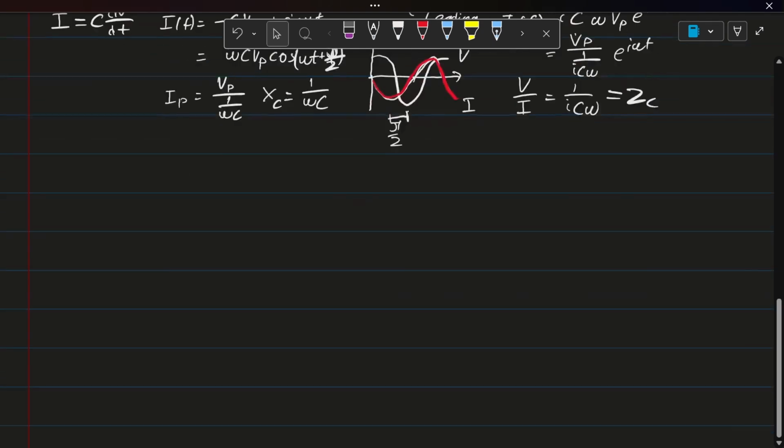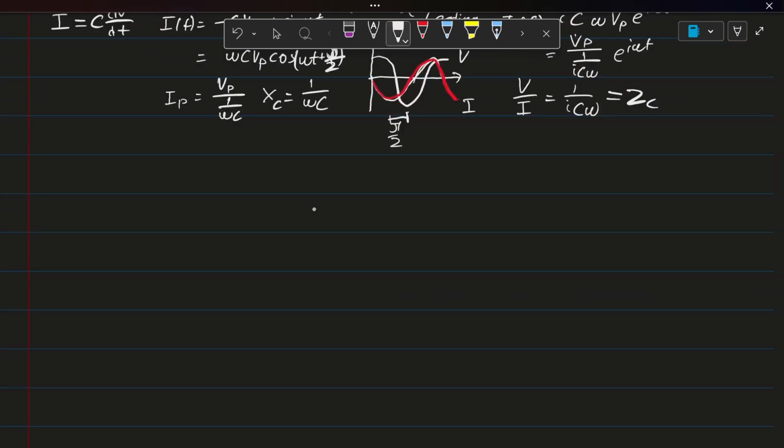So finally, let's talk about inductors. Inductors have V equals L di over dt. Putting in the voltage, Vp e to the power of i omega t, this would equal L di over dt. Now let's find what the current is.